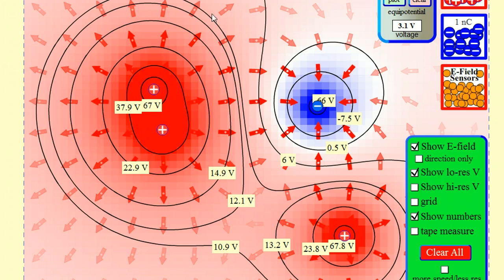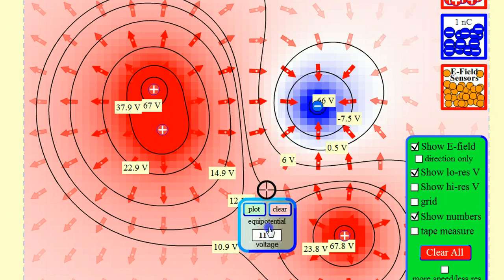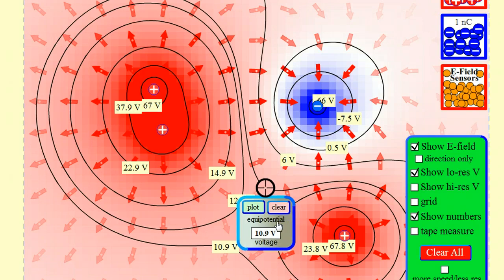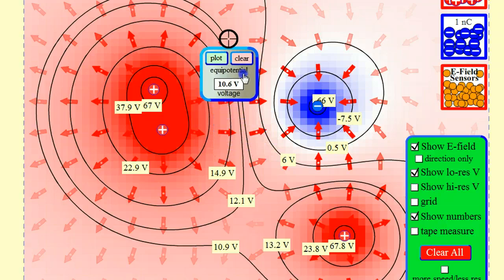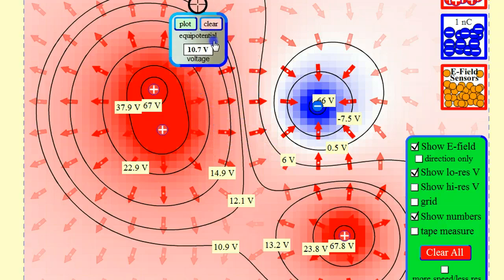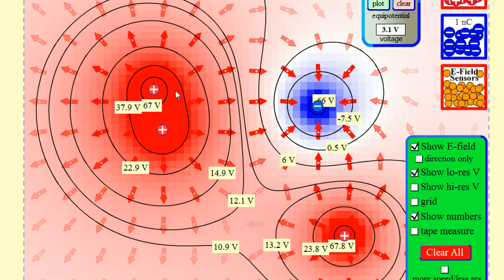But you can get these really interesting, strange shapes for equipotential lines, and I can prove it to you. If I take this point right here, that's around 11, right, 10.9, which is exactly what this reads over here. And as I trace along it, you can see that it stays right around 10.9 or 11.